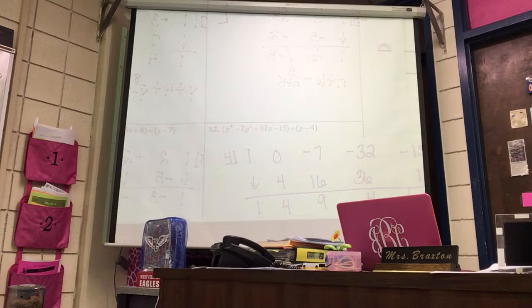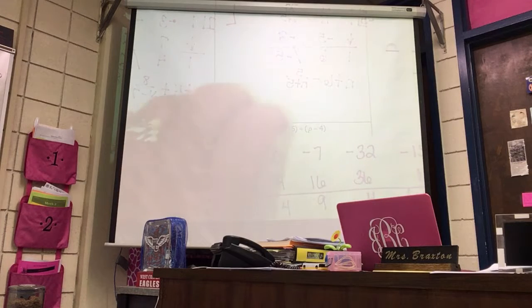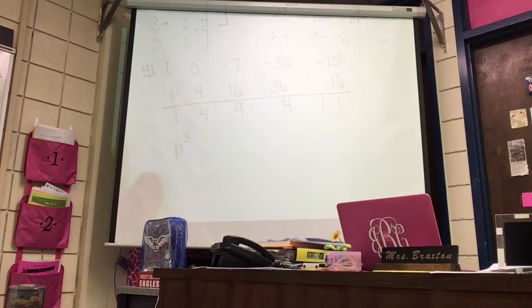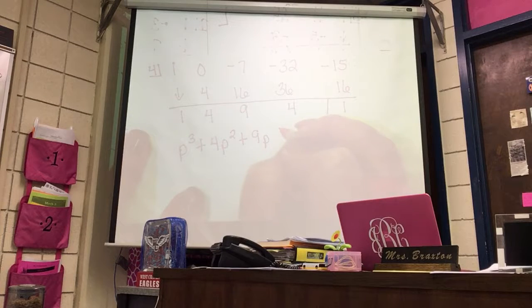Where's my answer going to start? It's p cubed. So I have p cubed plus 4p squared plus 9p plus 4 plus 1 over x minus 4. And that is my answer.